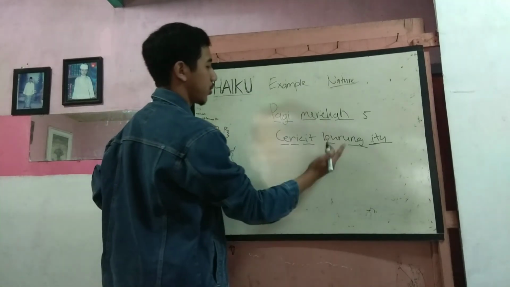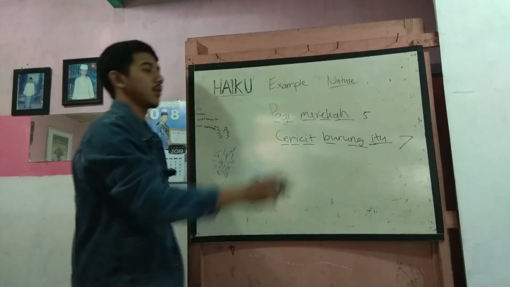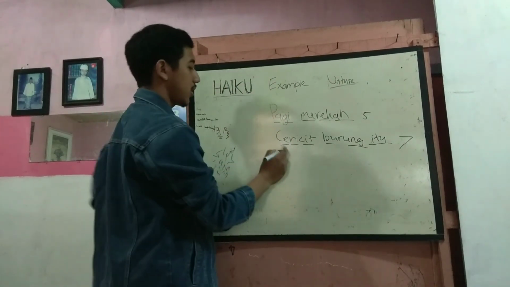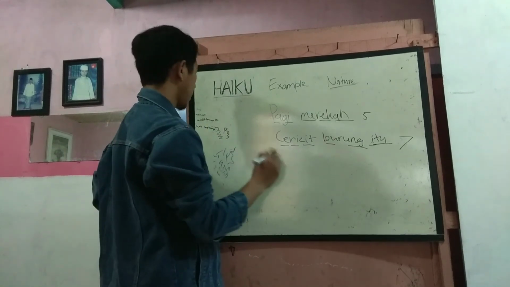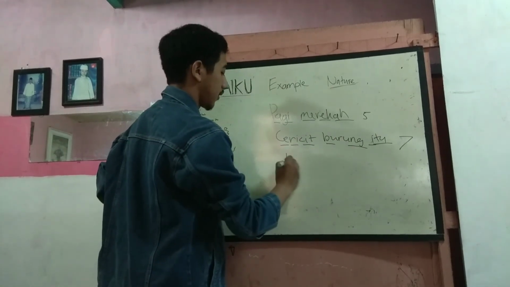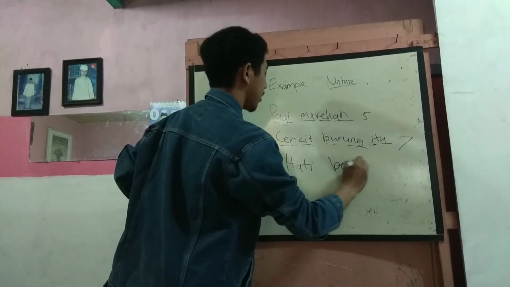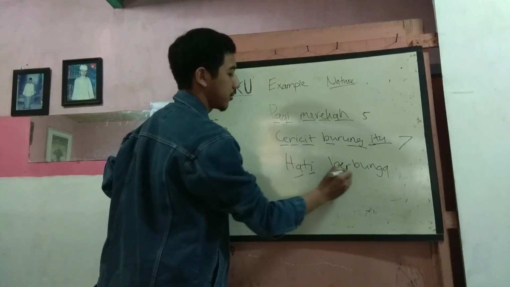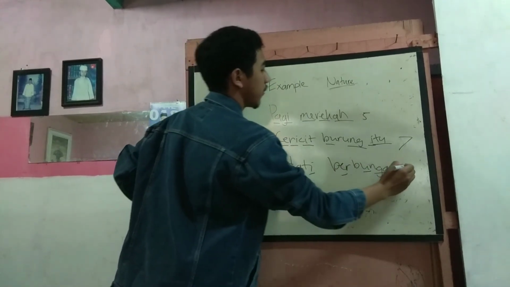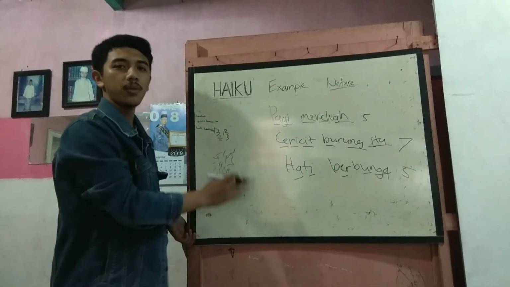Cericit burung itu, this is 7 syllables. And the third line we must have 5 syllables: hati berbunga. Hati berbunga, 5 syllables. Like this, the example from Haiku Poem.